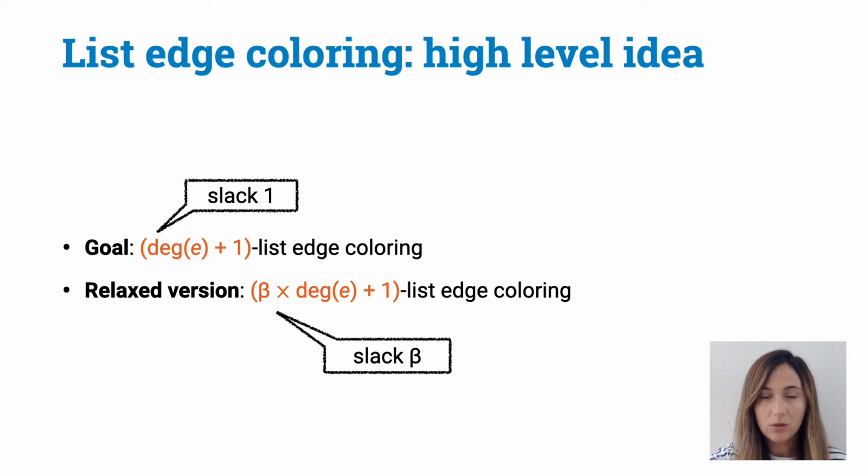This parameter that controls how much larger the list should be compared to the degree is called slack. So specifically, we say that the degree plus 1 list edge coloring problem has slack 1, while the variant where the lists must be of size at least beta times degree plus 1 has slack beta.